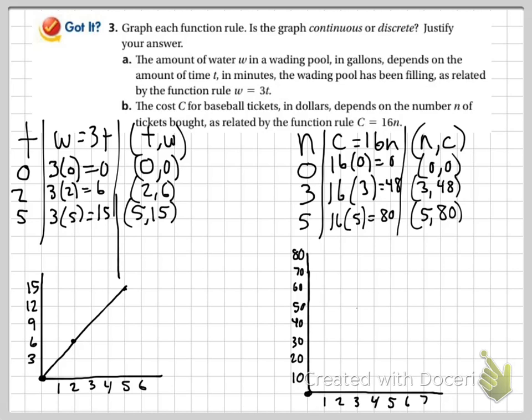So that's about right there. And 5 goes with 80 right there. Okay, do I connect this one? No, because I can't buy 1.5 tickets, right? That doesn't make sense. Yes, I can have $50.23, but the fact that tickets doesn't make sense, then we keep it discrete. We don't connect the dots. So that would be my graph.